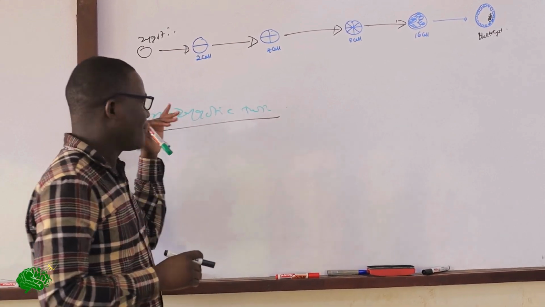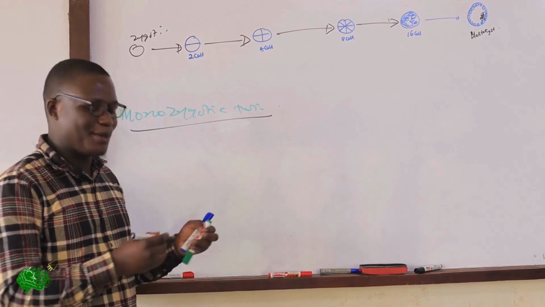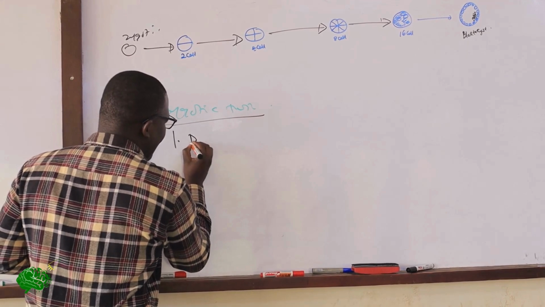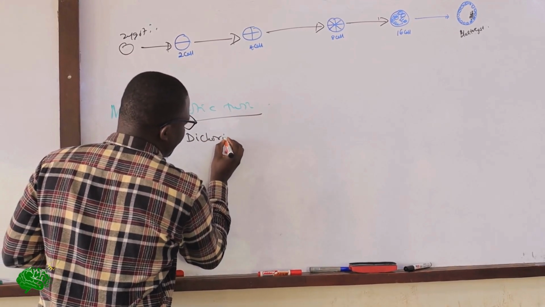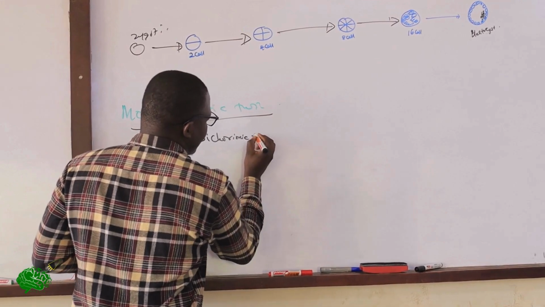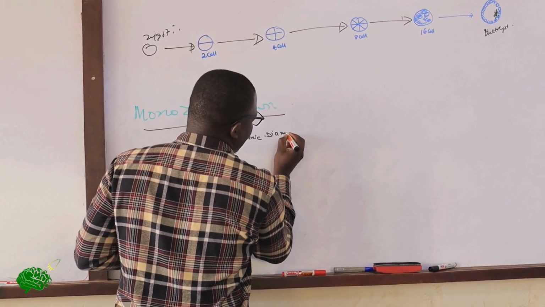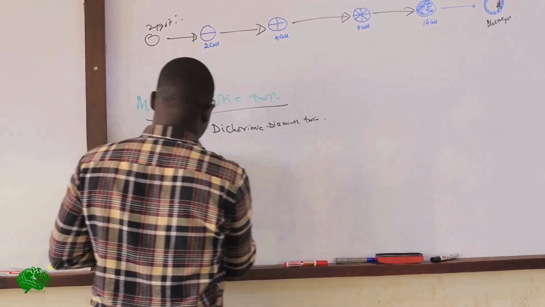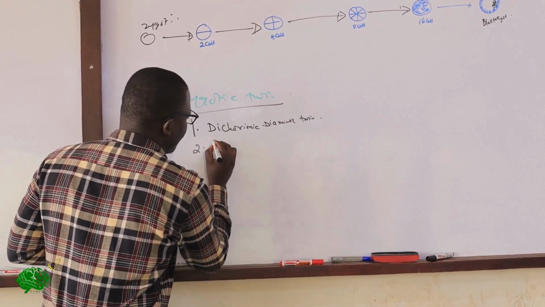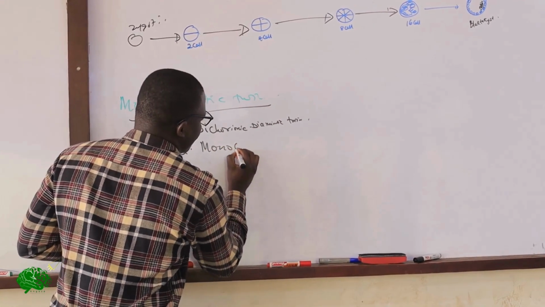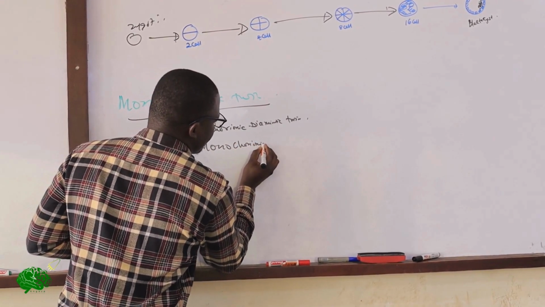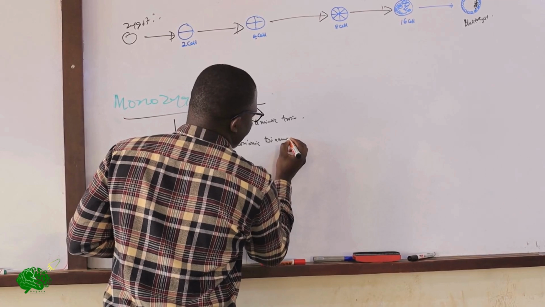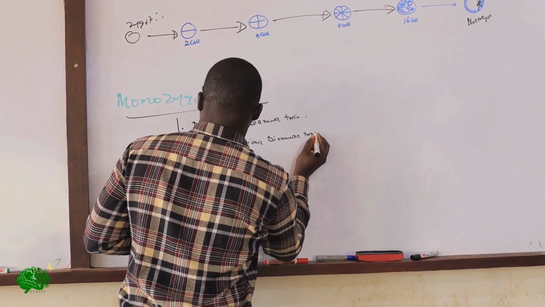So we have basically 4 types of monozygotic twins. One, we have what we call dichorionic, diamniotic twins. The second one, we have what we call monochorionic, diamniotic twins.